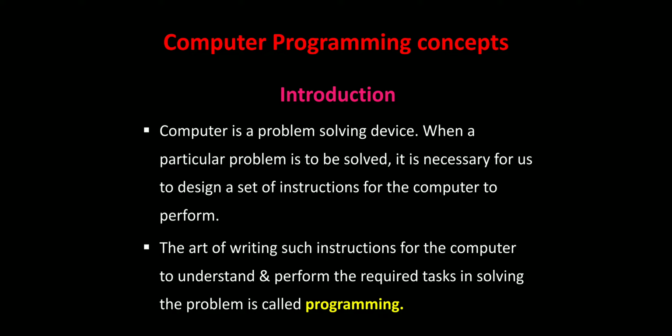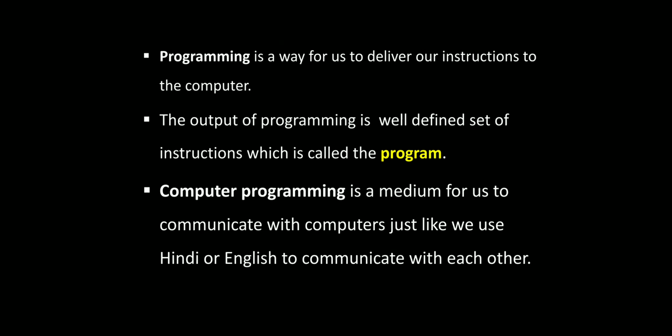Computer can solve the problem according to our instructions. Writing those instructions for the computer to understand and perform, that is called programming. Programming is a way for us to deliver our instructions to the computer.